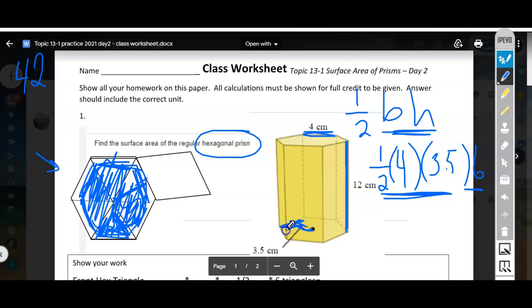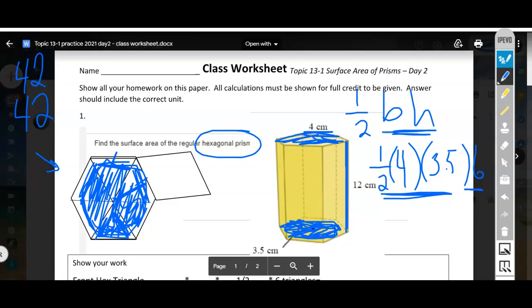So basically, I just found the area of this hexagon on the bottom here. I got to find the area of the rest of the shape. How many hexagons do I have? 2 of them, right? So I'm going to write that number down twice because I got the same hexagon up top.